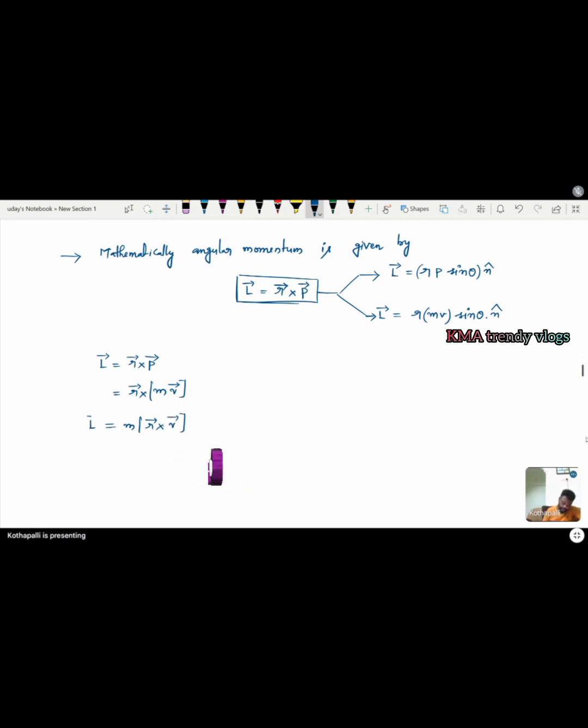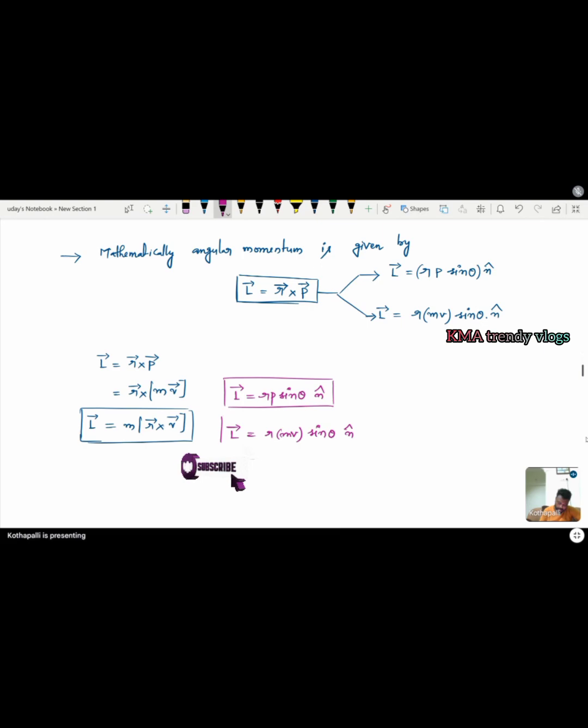This is one expression. Okay, as I told you again, L is equal to RP sine theta n cap, or L vector is equal to RMV sine theta n cap. Okay, these three basic expressions as of now we try to understand.